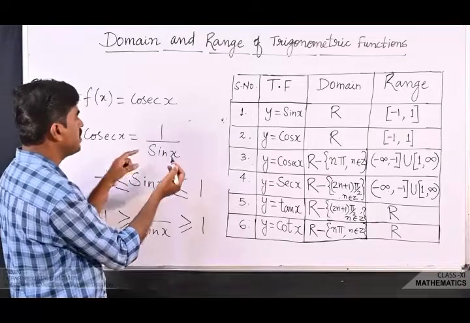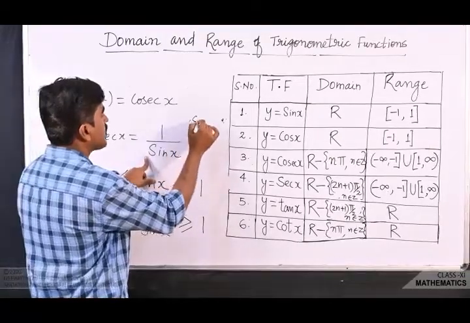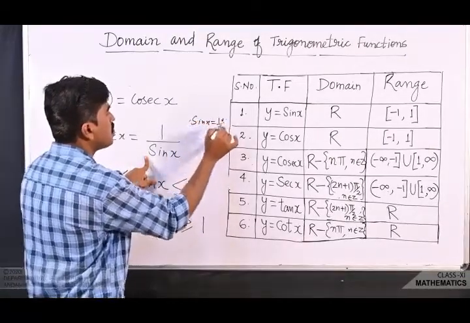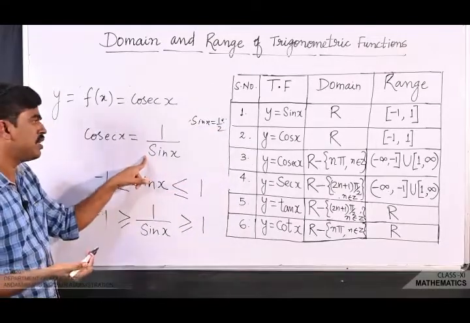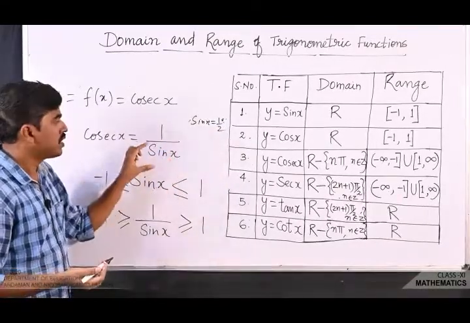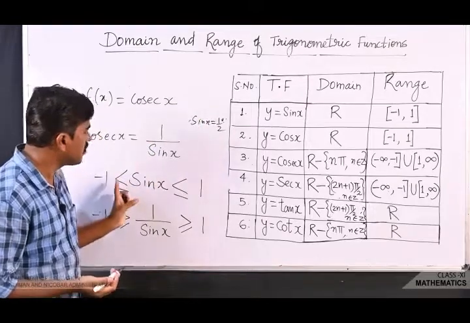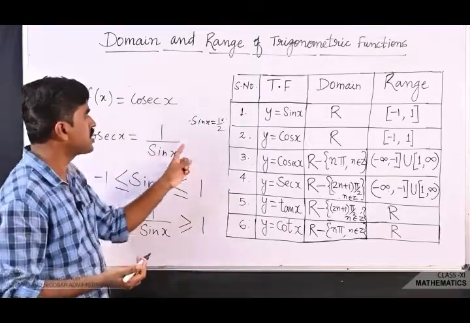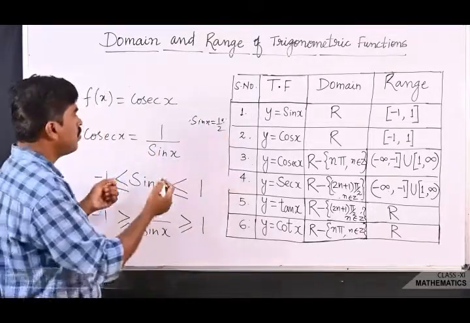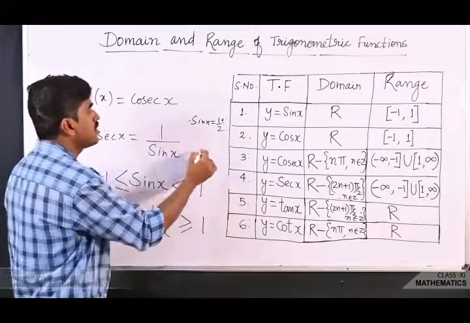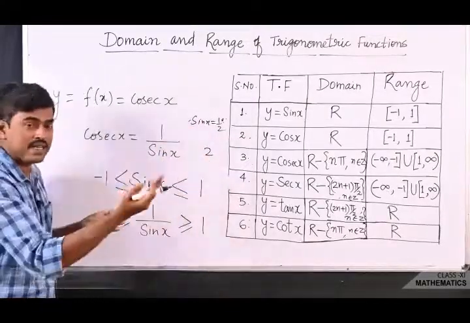Just take one example here. If the value of sin x is 1 by 2, it is less than 1. The range of sin x is the closed interval minus 1 comma 1, so the value of sin x may be 1 by 2. Now what is the reciprocal of 1 by 2? That is 2. So 2 is greater than 1.